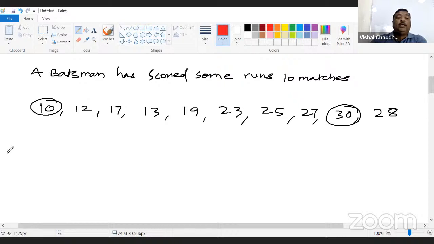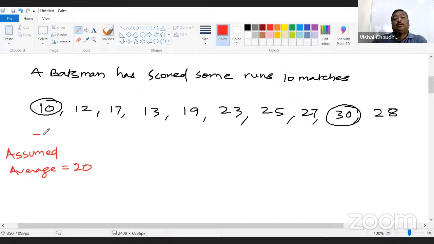So let me assume one number, and this assumed average I am taking as midway, 20. So the assumed average I am assuming to be 20.